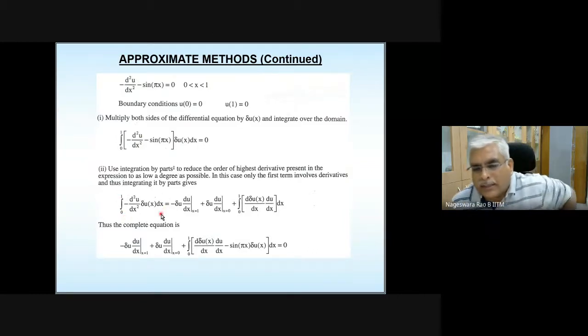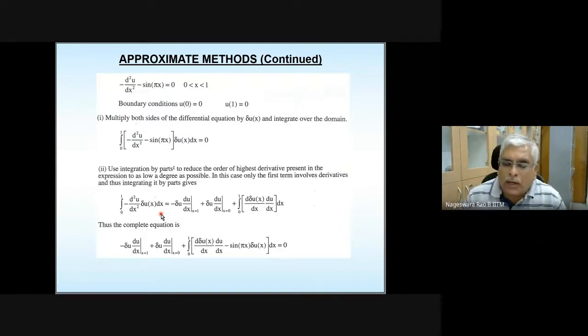Now let's see what this is. Here you are taking 2 times derivative on u, and there is no derivative on variation of u. Instead of taking 2 times derivative on u, I want to shift 1 derivative to variation of u.